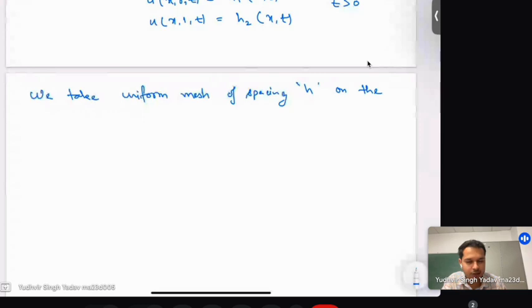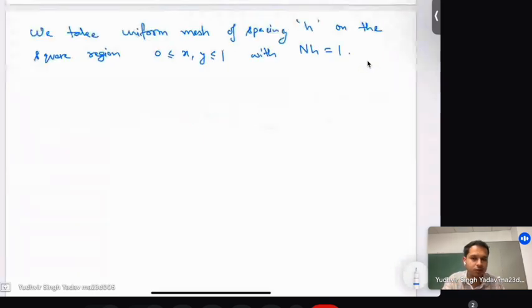We will take x and y from 0 to 1, so it will be a square region, where capital N denotes the number of nodes we take.